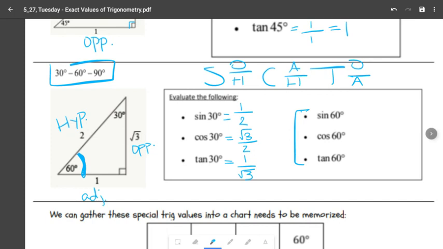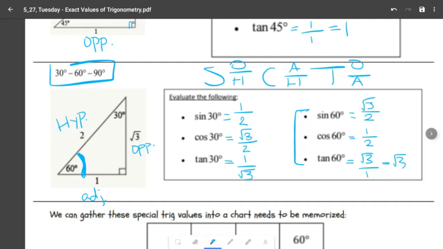So sine of 60 opposite over hypotenuse, we now have radical 3 over 2. Cosine 60 adjacent over hypotenuse, we now have 1 over 2. And tangent of 60 opposite over adjacent, we have radical 3 over 1, and anything divided by 1 is itself.